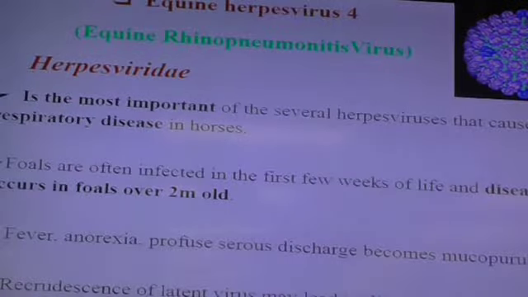This is an easy disease when it comes to clinical signs, because basically it is a respiratory disease. So you have nasal discharges, which, if complicated by bacterial infection, become mucopurulent. It's a disease of foals over 2 months old.